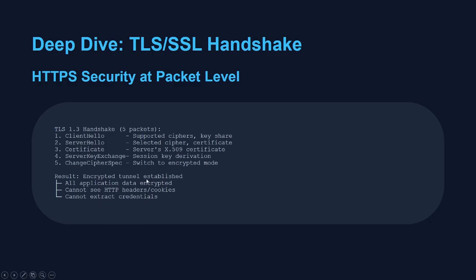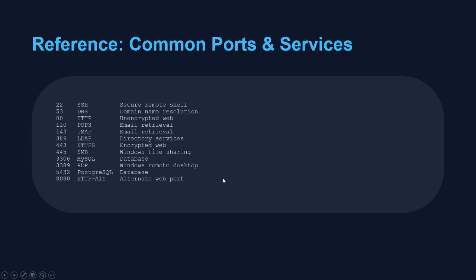Remember before when we were using HTTP, we were able to see the username and password in plain text. However, if we use HTTPS, it's going to use the TLS 1.3 handshake, which is going to secure the packets and make them encrypted so you cannot see them, right?